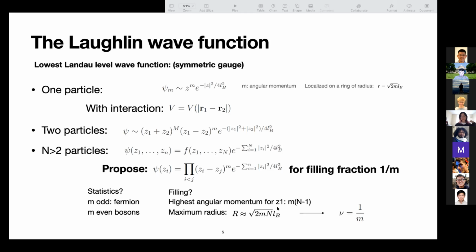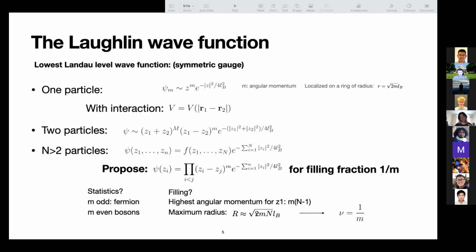As we said before, this power is related to the radius of the ring where the wave function has a maximum probability distribution, and this maximum radius can be thought of as the radius of the quantum Hall droplet.